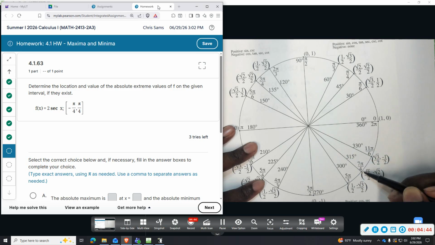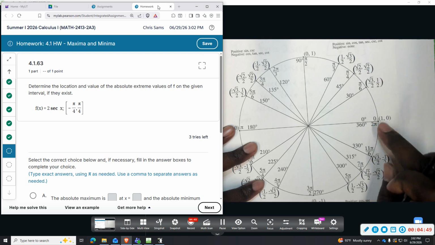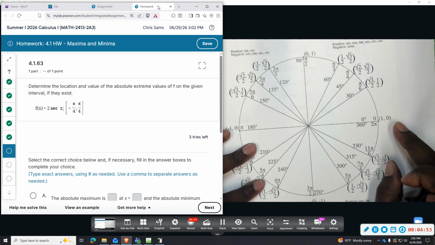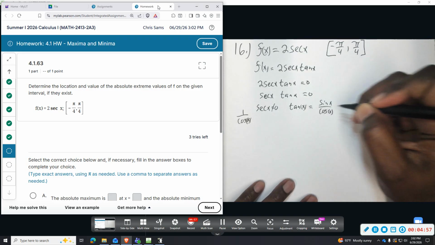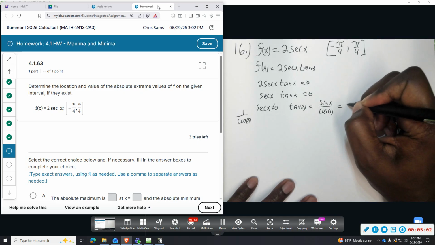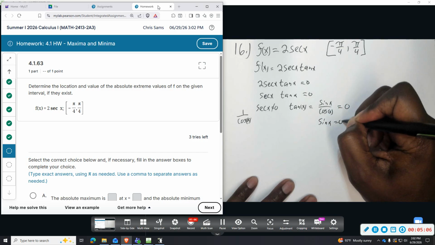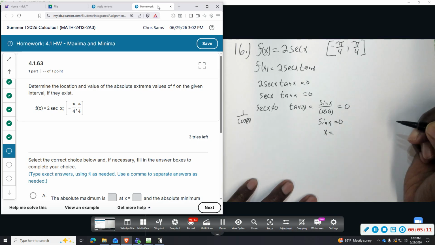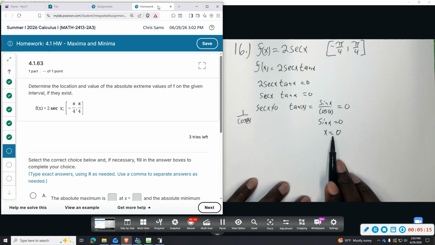So we're between here and pi over 4 here. So we do get that angle 0 that lets tangent be equal to 0, 0 divided by 1. You can do the math: if you set it equal to 0, sine x is equal to 0. If you do inverse sine, x is equal to the angle 0. So we get one critical value.